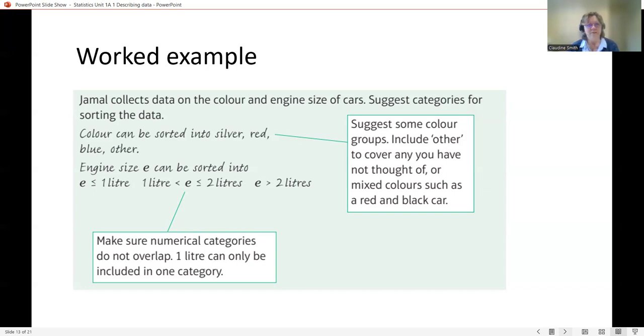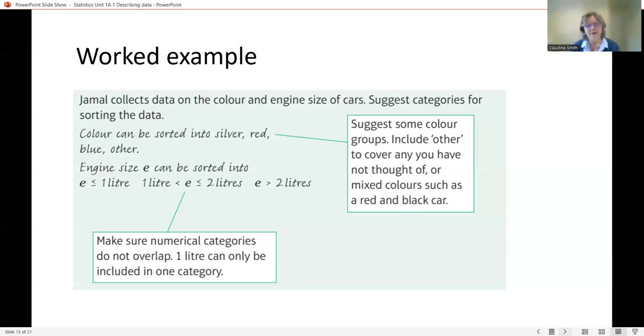You could suggest some colour groups, include other to cover any you have not thought of, or mixed colours such as a red and black car. Or for example, you could have silver, red, blue, mixed colour, or other. So you can choose the categories.